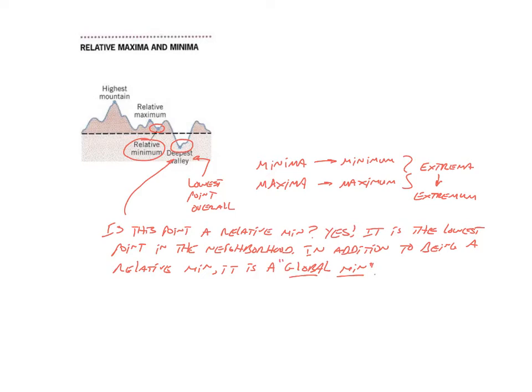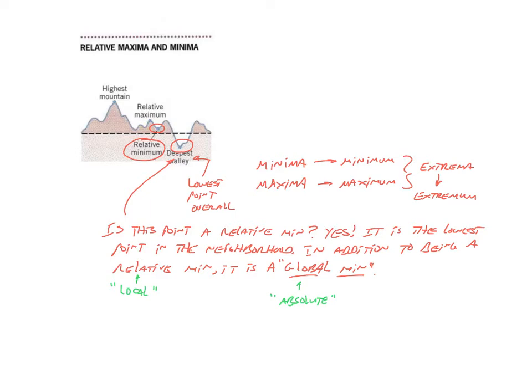As a reminder, you can have the word local used instead of relative, and you can have the word absolute used in place of global. One is not more correct than the other. There's no reason to use one over the other than preference, of course.